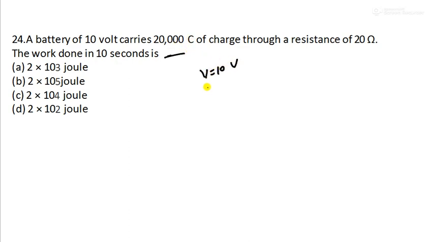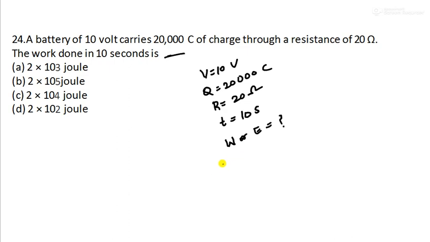Charge Q is given as 20,000 coulomb. Resistance is also given, it is 20 ohm, and all of them should be in SI unit. Make sure work done in 10 second. T is 10 second. They have asked what work done, that is either W or energy E you have to find.